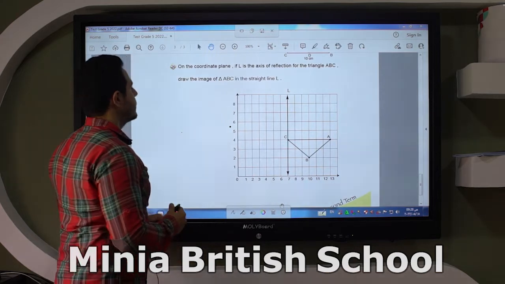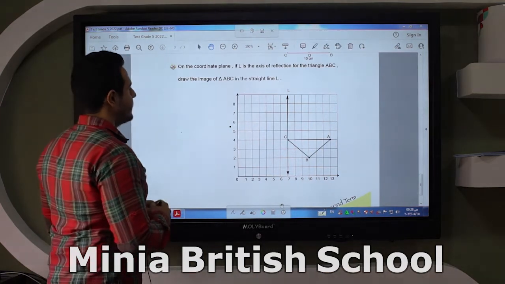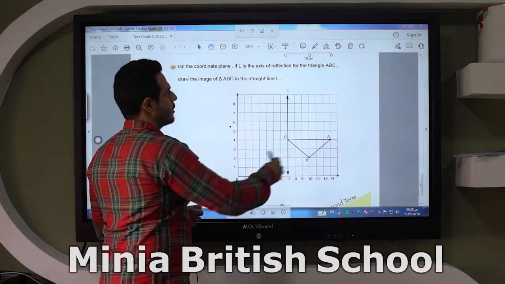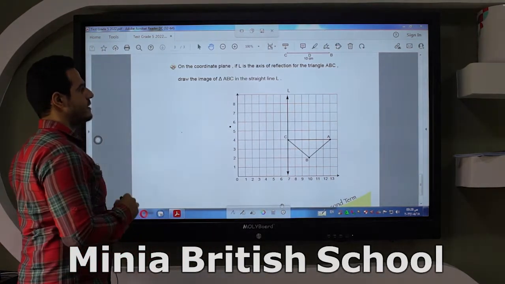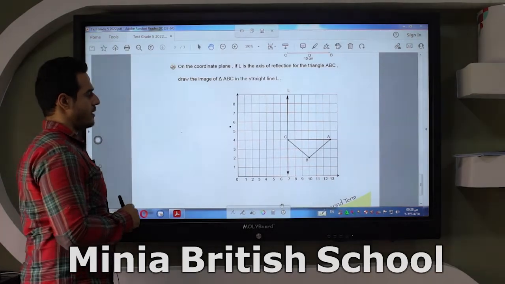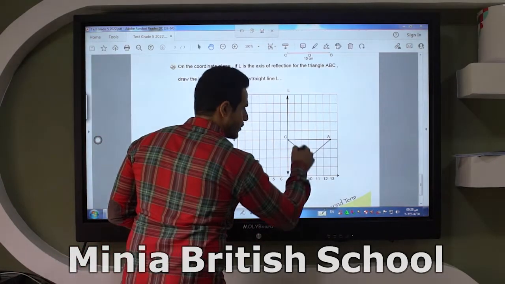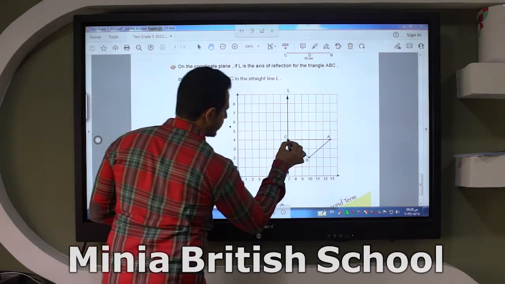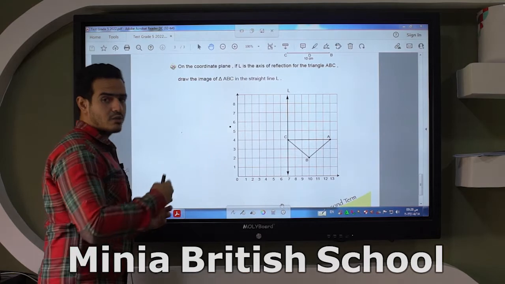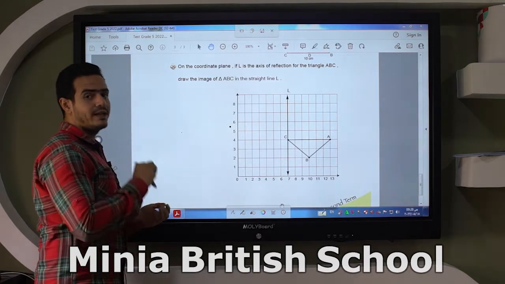Number 26. On the coordinate plane, if L is the axis of reflection of the triangle ABC, draw the image of triangle ABC in the straight line L. Okay, we must find the reflection of this triangle across line L. At first, point C lies on the axis of reflection, so its image will be itself.